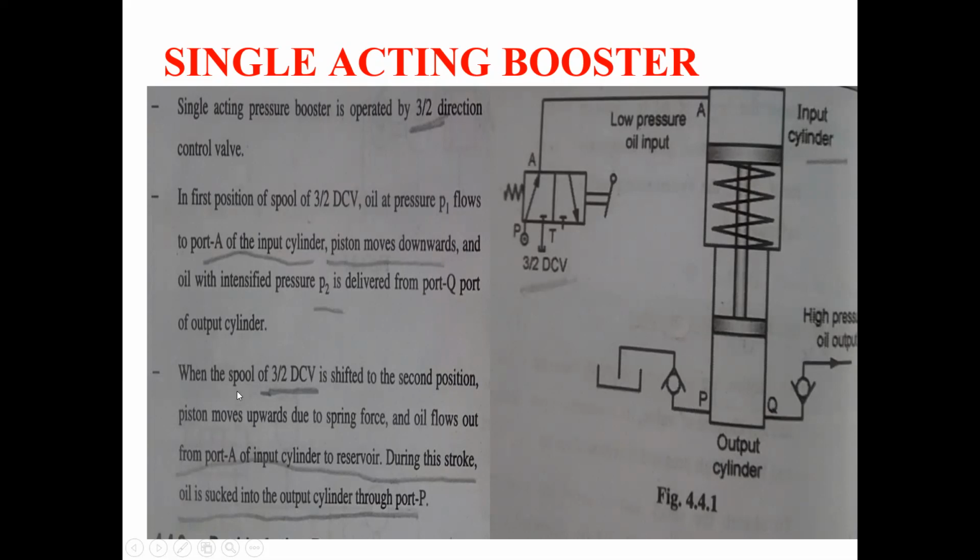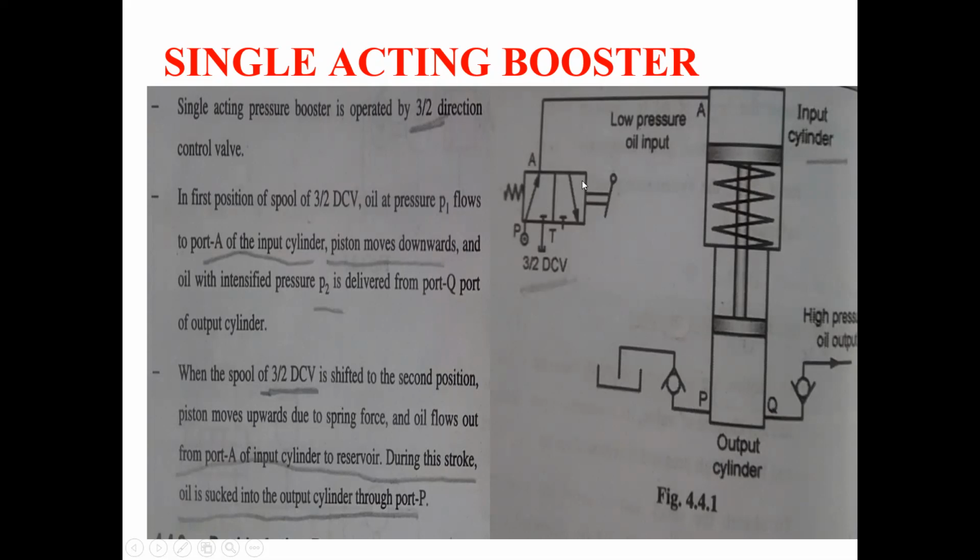And again, when the spool of the 3/2 direction control valve, this hand lever is called the spool here, is shifted to the second position, the piston moves upward due to the spring force.